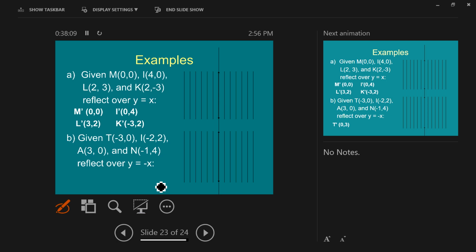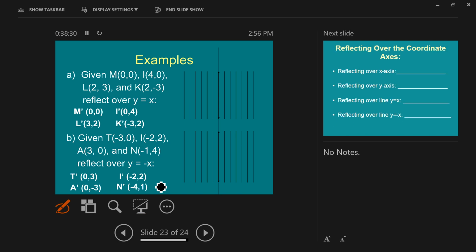So what is T prime going to be? 0, 3. What is I prime going to be? -2, 2. Right? And then A prime and N prime. Very good.